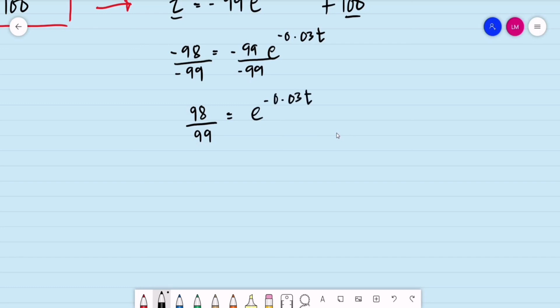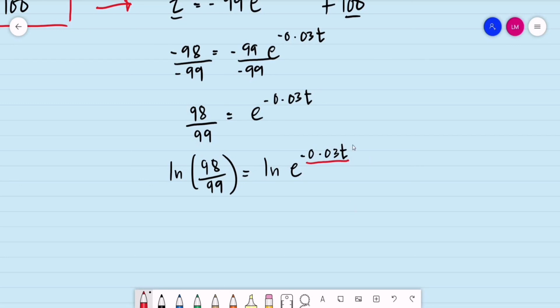For us to bring down that exponent, we are using natural logarithm. This is the ln of 98 divided by 99 is equal to the ln of e raised to negative 0.03 t. Since we have now ln, we can bring down this exponent.